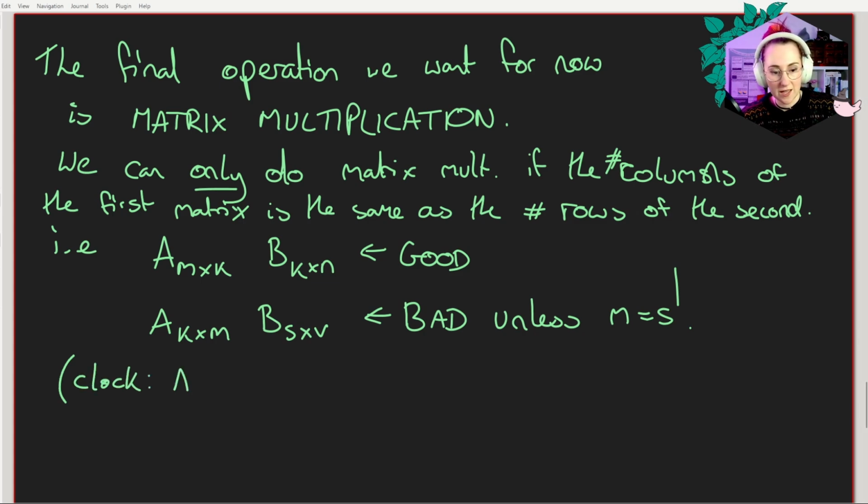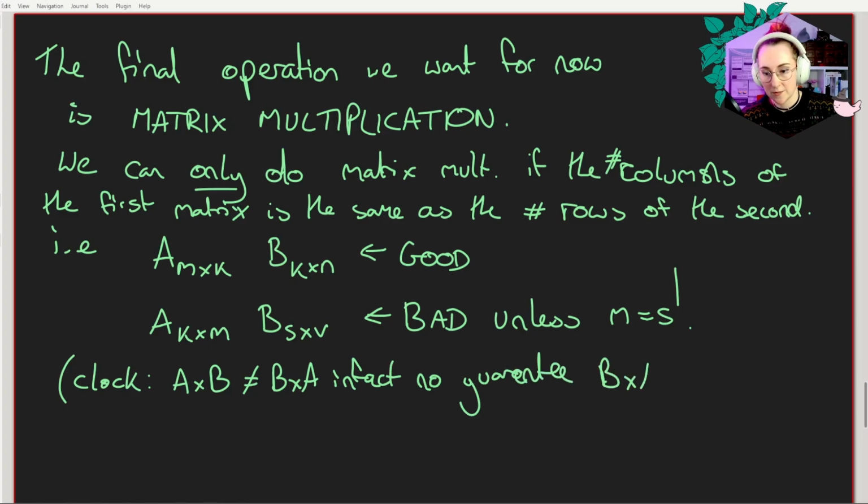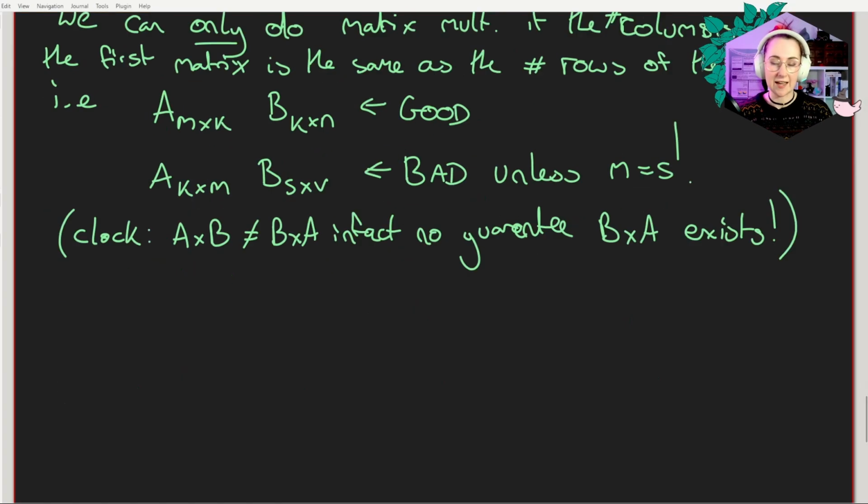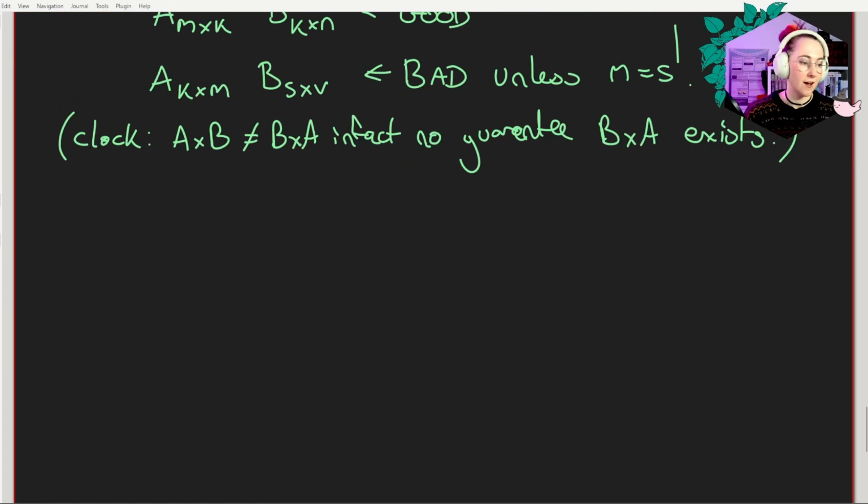This means that A times B is not equal to B times A. In fact, there's no guarantee B times A exists. So not only is it not commutative, like nearly every other operation we've looked at so far, it can actually be ill-defined. It's just not defined, doesn't exist, stop asking, move on.